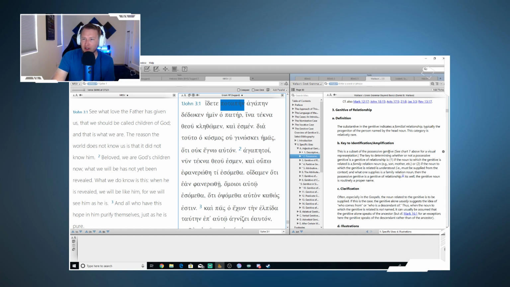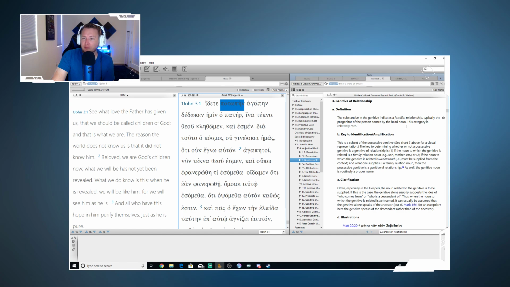And the substantive in the genitive is a familial relationship, typically the progenitor of the person named by the head noun. So progenitor is God. Feel free to disagree with me on that one.